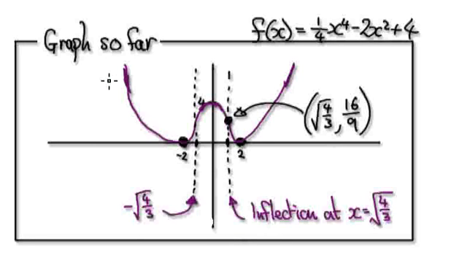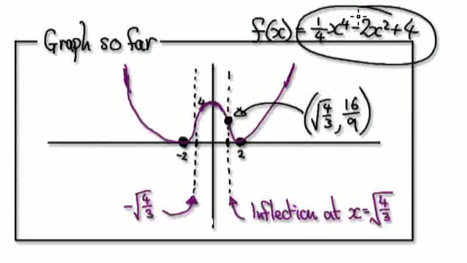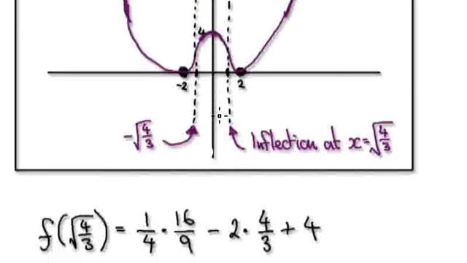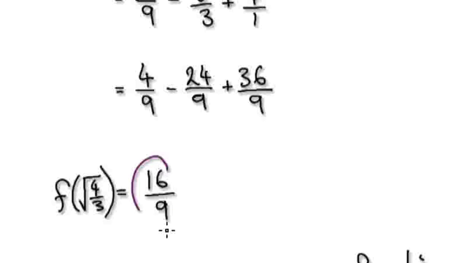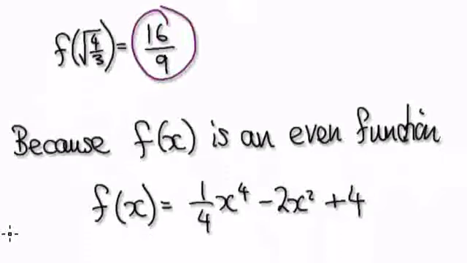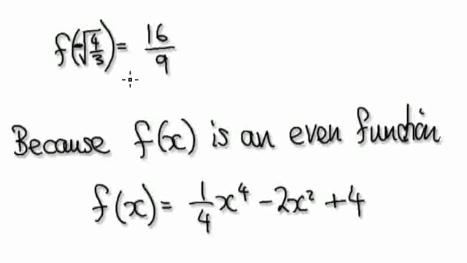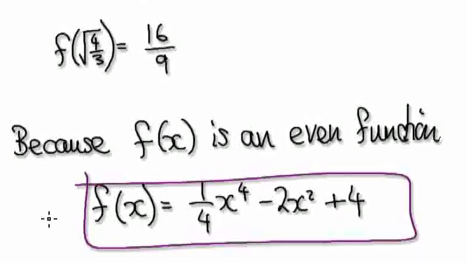Okay, and then realize that this here is an even function. So scrolling down here, we found the value here. Once we've got the positive version, it's easy to get the negative version, because this function here is an even function.